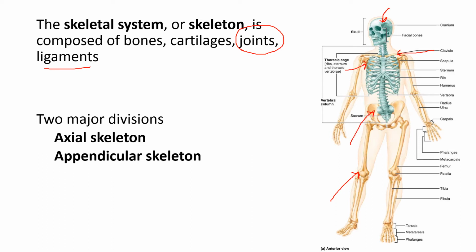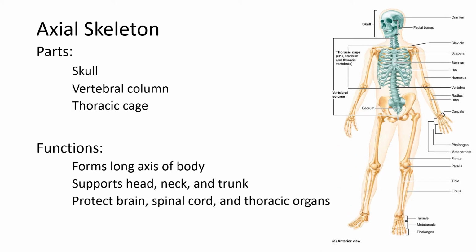All of that is appendicular. The axial skeleton consists of the skull, the vertebral column, and the thoracic cage. Again, the parts that are in green.